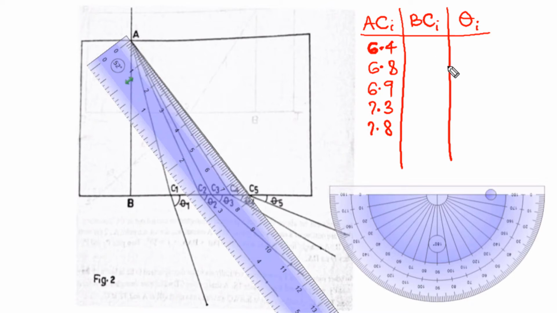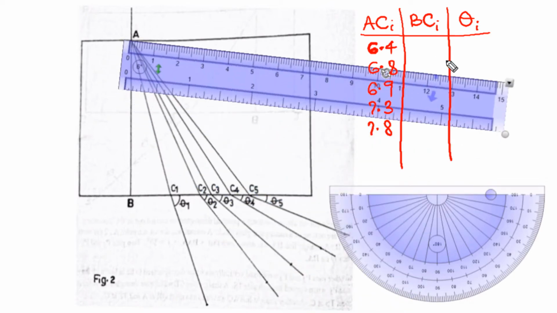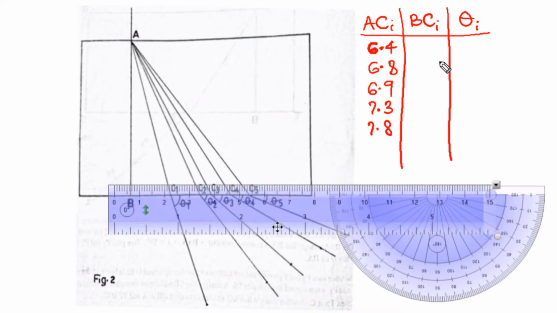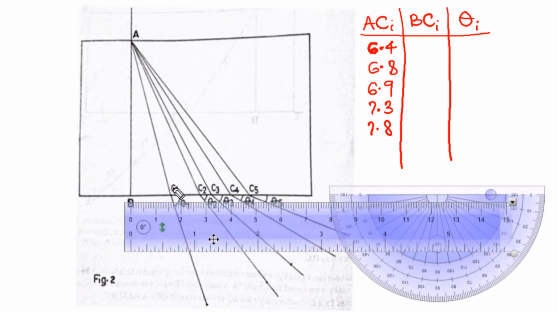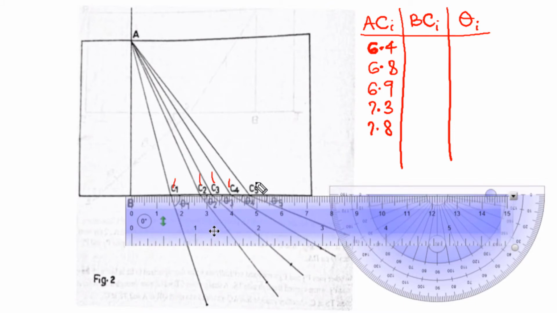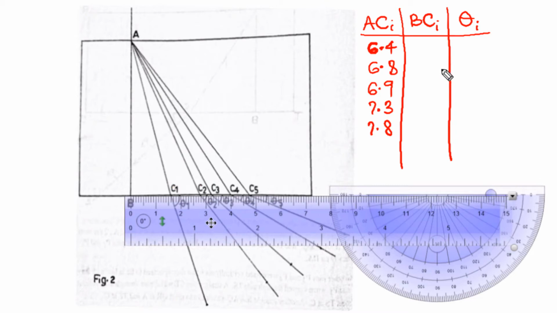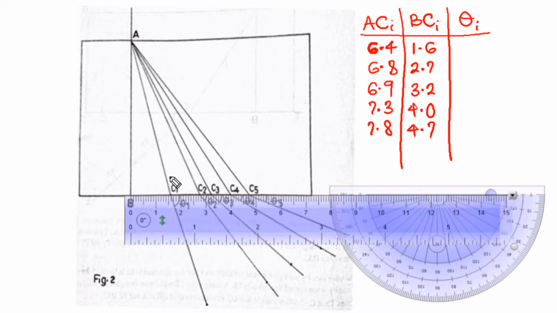After taking the values of AC, we are now going to BC, and in the same way we take the readings from B to C1, these are the points that are notched off. We just take off the reading and note them appropriately, like BC1, if we center the ruler correctly, that will be 1.6 centimeters.